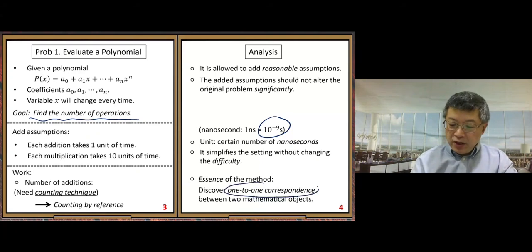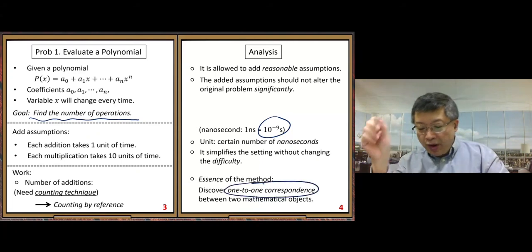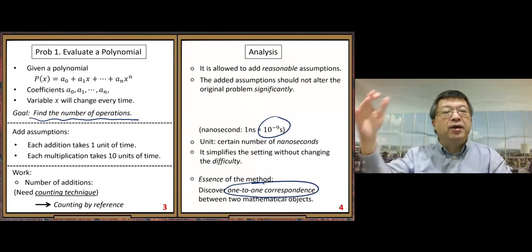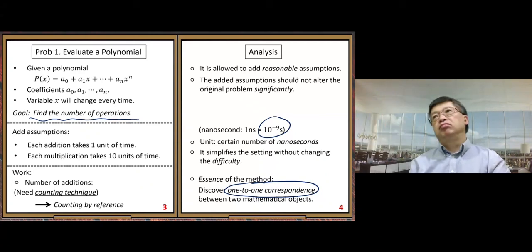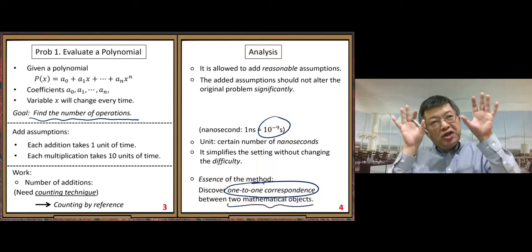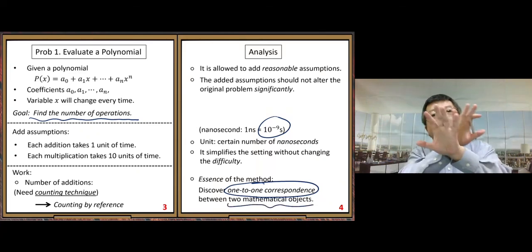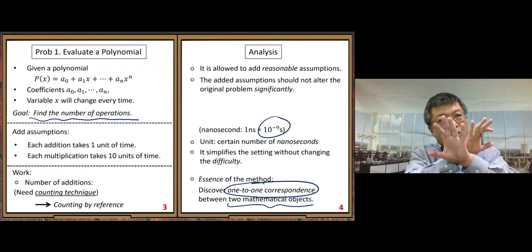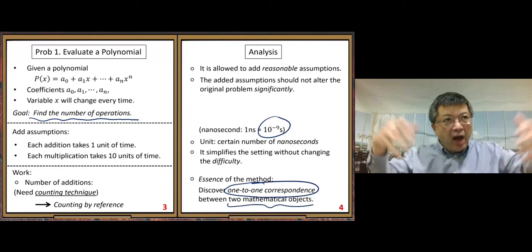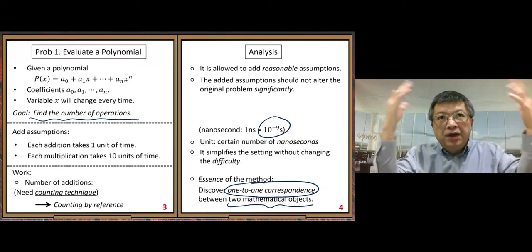This is very important. We establish a one-to-one correspondence between two mathematical objects that can help us do the counting.